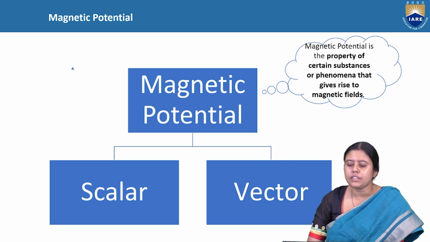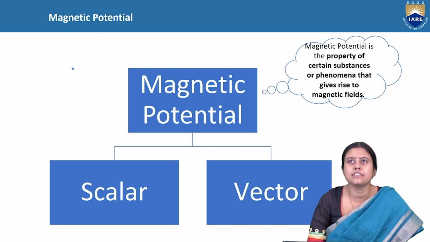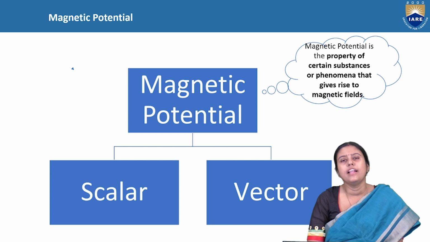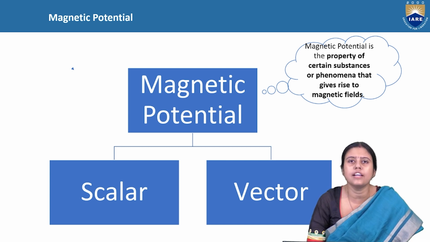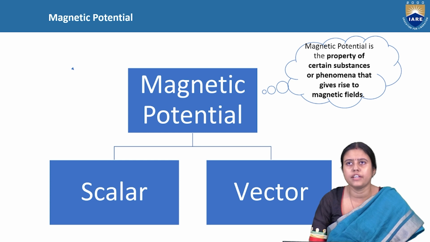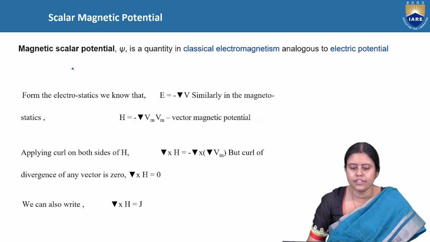Magnetic potential is the property of certain substances or phenomena that gives rise to the magnetic field, like due to the electric potential, current flows, we know. Similarly, it causes the generation of the magnetic field.